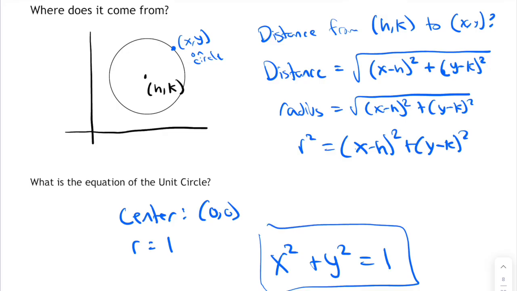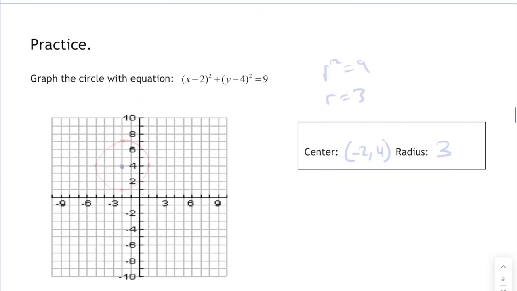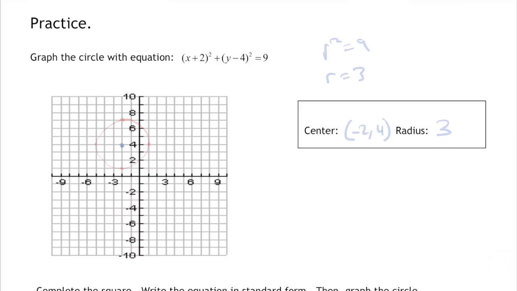If we move on to the next page here, just a couple quick practice questions. When you see your equation here, (x plus 2) squared plus (y minus 4) squared equals 9, I can read off that my center is at (negative 2, 4), and r squared is 9, and so the radius is 3.